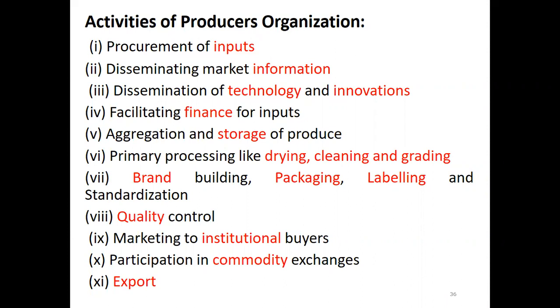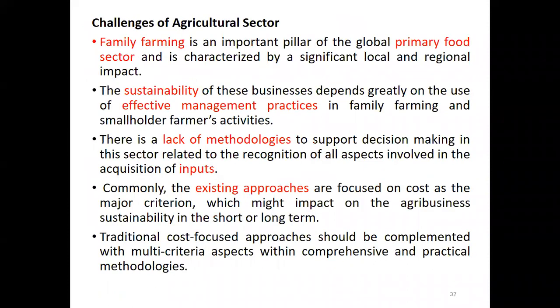I can get some inputs from these members, as well as I can do marketing of my business through advertisement to these farmers producing organizations, as well as I can get the institutional buyers, as well as I can make my product export. So these are the various benefits I can take through the farmers producer organization.